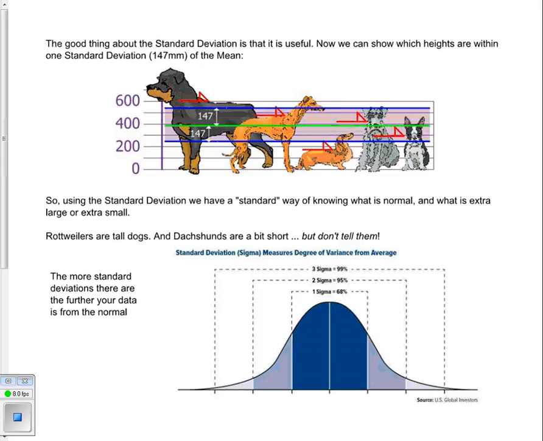Within one standard deviation, most of the dogs fall within that range. So using standard deviation, we have a standard of knowing what is normal and what is extra large or extra small. In this particular example, we've discovered that Rottweilers are tall dogs and Dachshunds are relatively short.